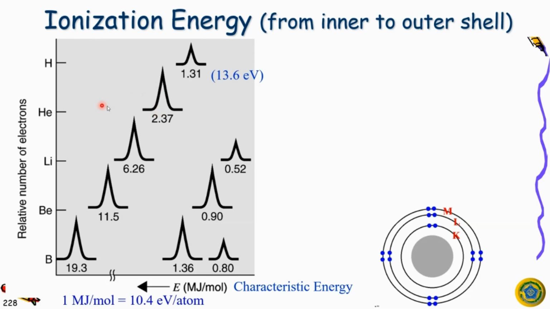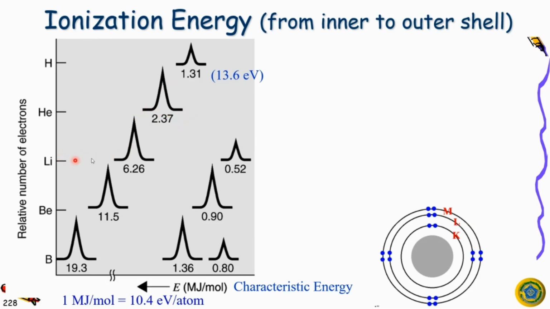And then the intensity will be double compared to this one. You see that this is 1 electron, this is 2 electrons. The intensity of these inner electrons in the inner shell will be about double that of this outer electron in the outer shell. So there are 2 electrons, and the average ionization energy is about 2.37 total.